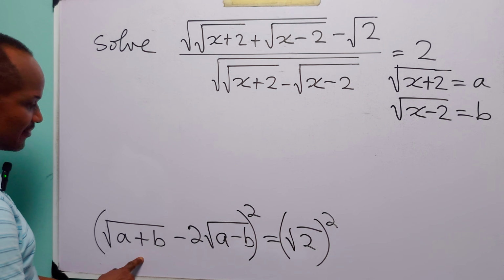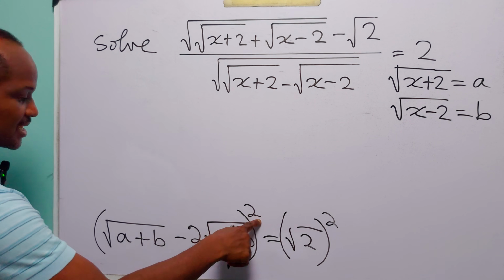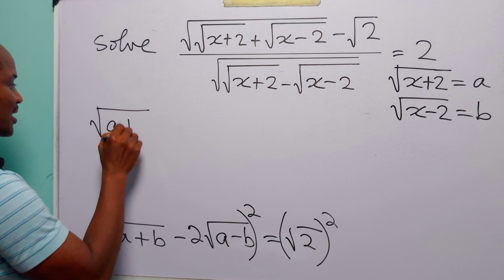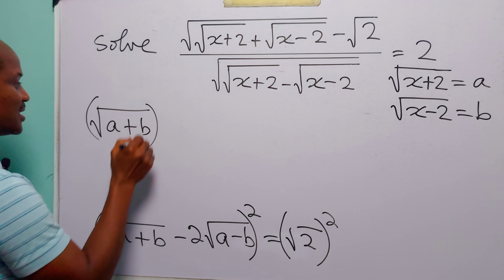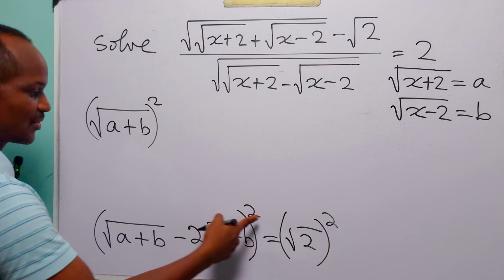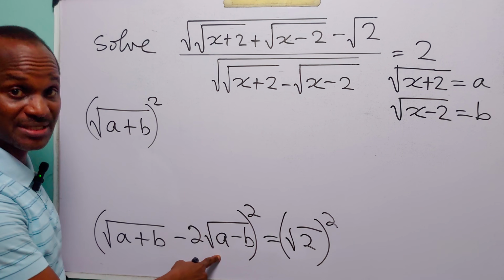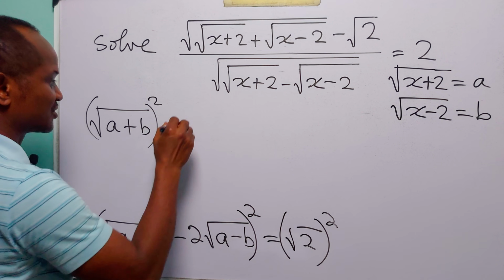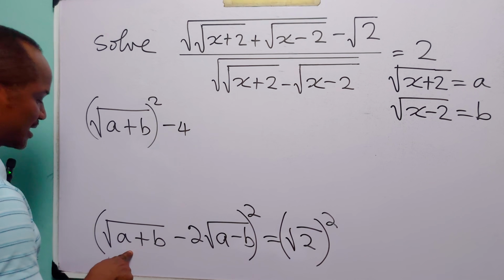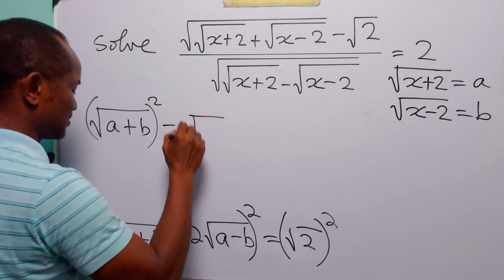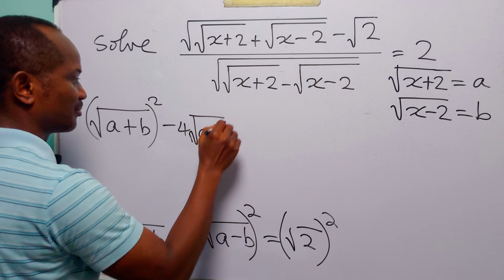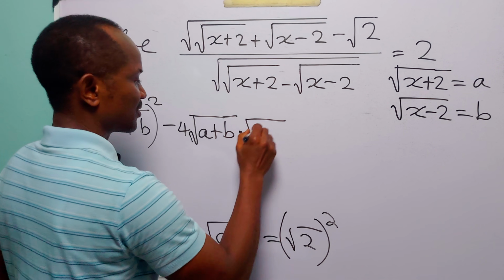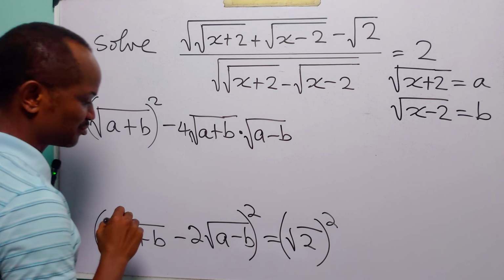On the left-hand side, we have this squared. That is the square root of a plus b squared. Then we have 2 times this times that. That is minus 2 times 2 is 4 times the square root of a plus b times the square root of a minus b.